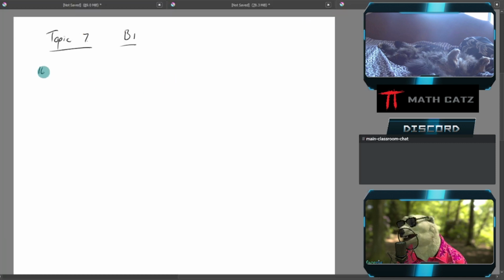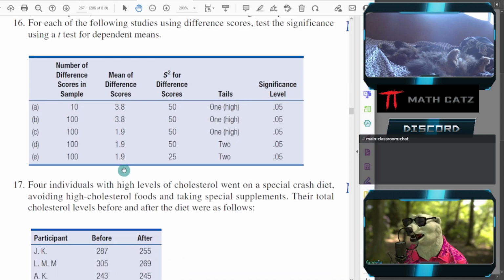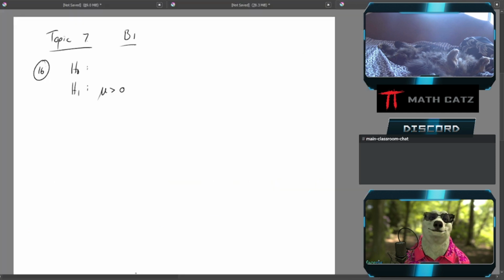So let's set this up with our familiar hypothesis testing steps. We have our null hypothesis, we have our research hypothesis, and in this case we're testing if there is a mean difference between before and after. Now remember, this is after minus before.